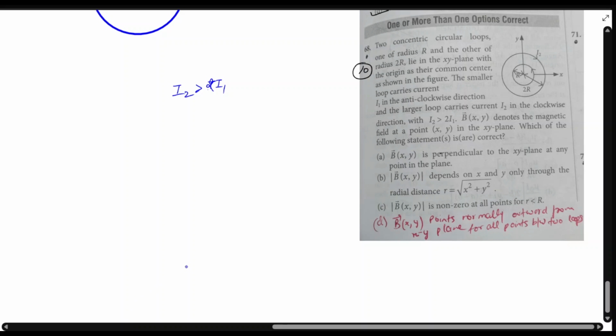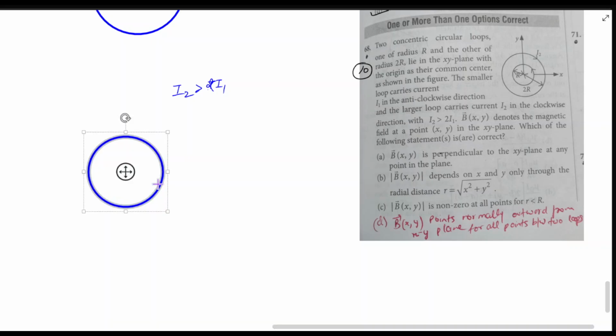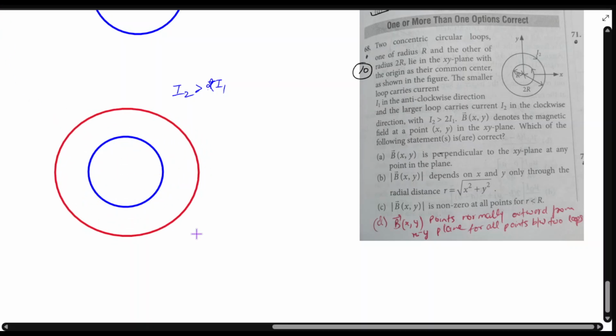So let's go with our first option. We have that B(x,y) is perpendicular to the xy plane at any point in the plane. So let's first analyze this situation. We have these two loops like this, right?